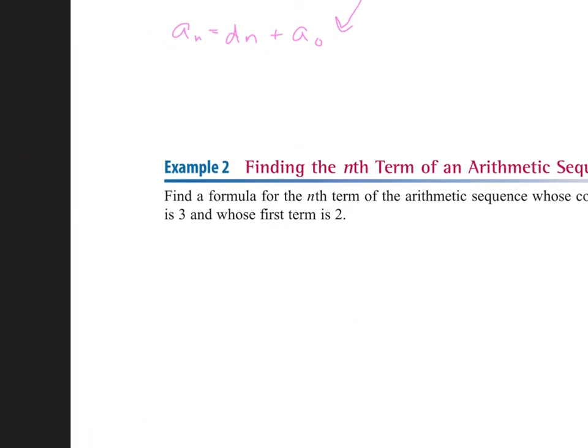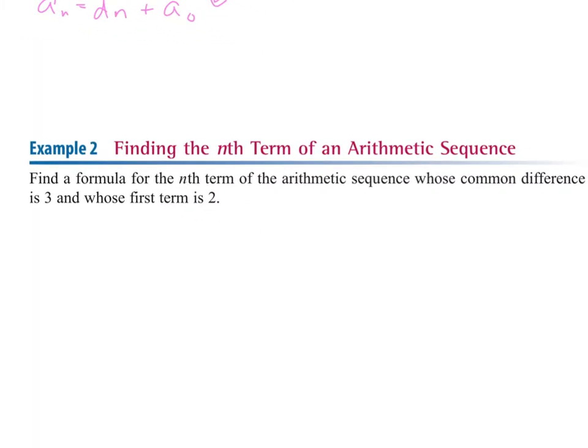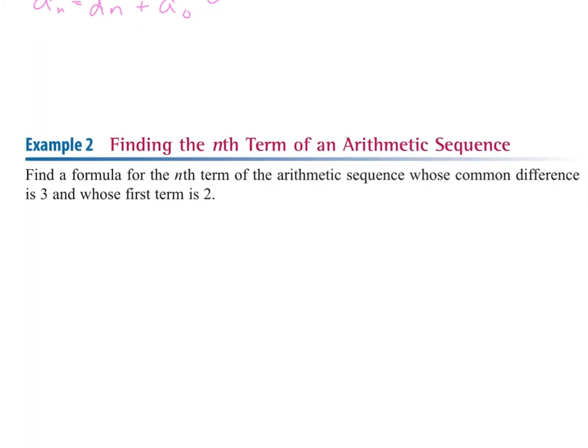So let's go to example 2. We have to find the formula for the nth term of the arithmetic sequence whose common difference is 3 and whose first term is 2. If we plug it into the formula, a sub n is equal to a1 plus n minus 1 times d. What is our d here? 3.